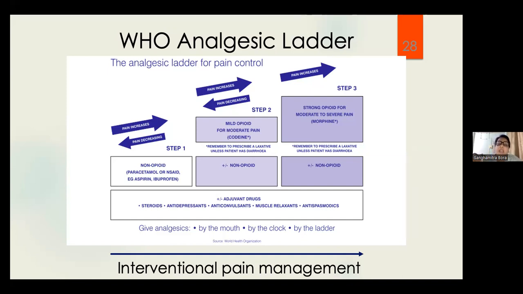Do not forget the adjuvant drugs, which are steroids, antidepressants, anticonvulsants, muscle relaxants, antispasmodics, etc., etc. Always give the analgesics by the mouth, by the clock, by the ladder, as we have, and do not forget the interventional pain managements that should always be taken into consideration.